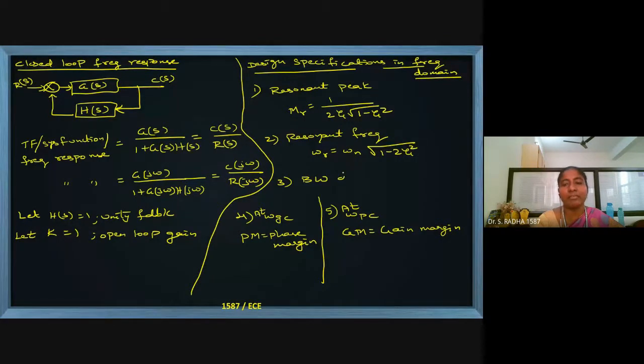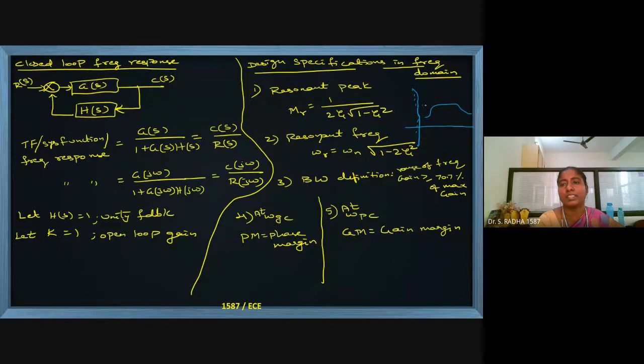Other than that, the definition for bandwidth: it is the range of frequencies where gain is greater than or equal to 70.7% of the maximum gain. In laboratories, you might have done a frequency response graph, with x-axis, y-axis, and a graph like this.